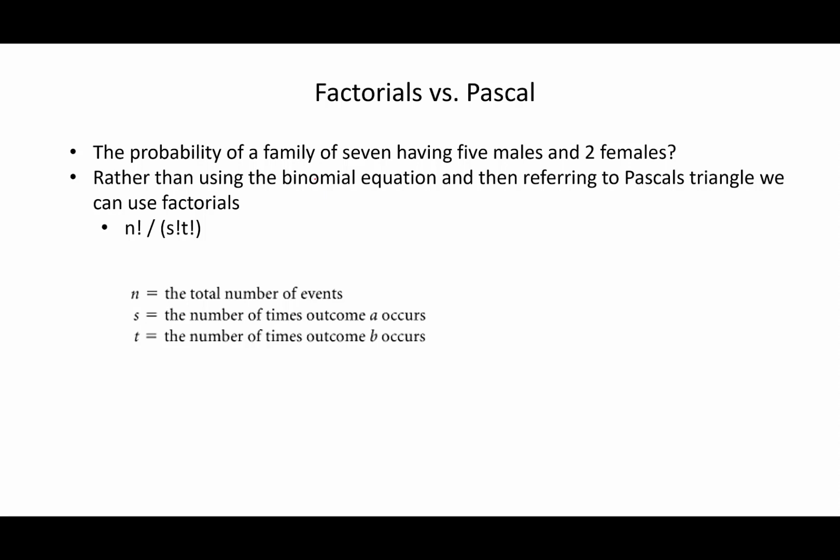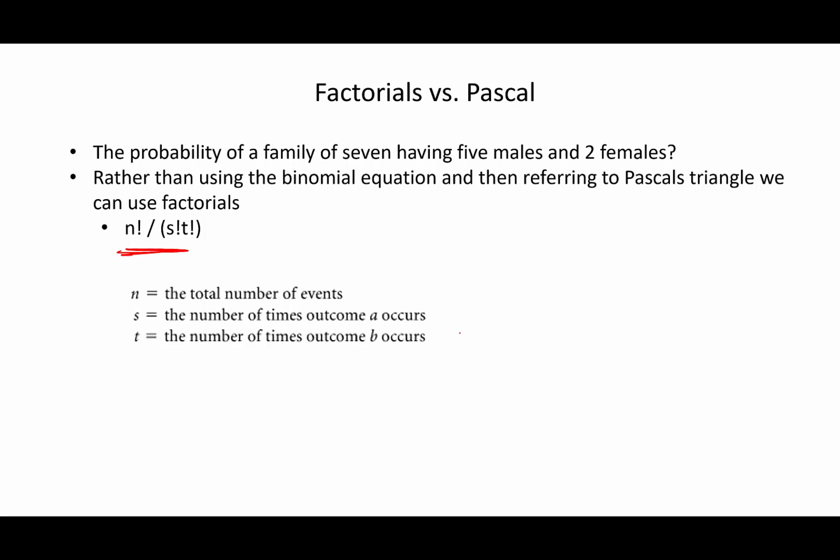But if we don't have Pascal's triangle sitting right in front of us, we can use factorials to calculate that out. The equation is n factorial divided by s factorial times t factorial, where n is the total number of events, s is the number of times outcome A occurs, and t is the number of times outcome B occurs.